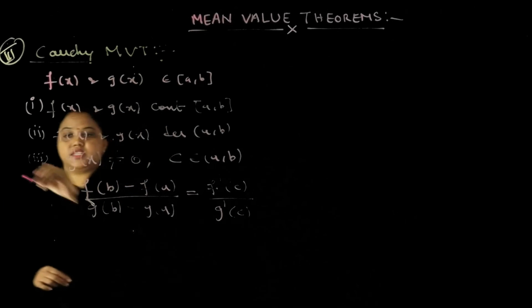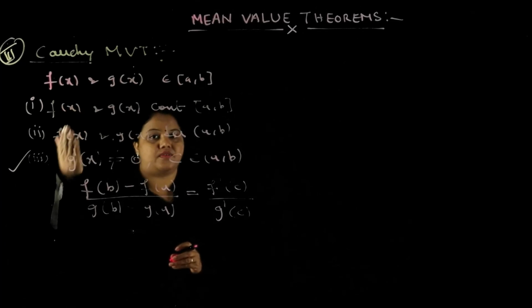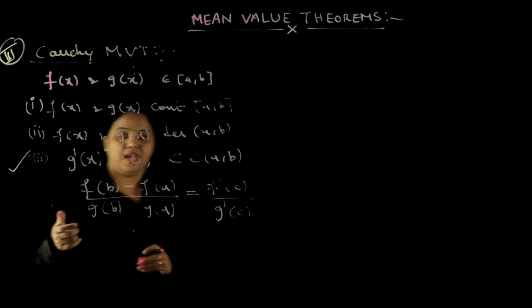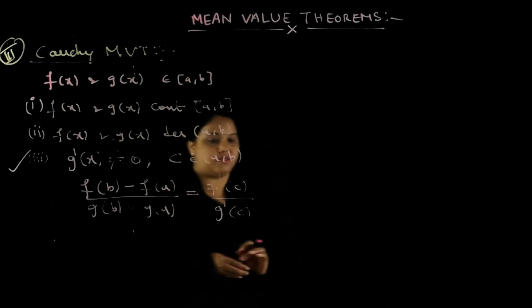So this is the third condition which is varying in the Cauchy mean value theorem. Observe that f of x and g of x should be continuous, should be derivable, and g dash of x should not be equal to 0. This is the third statement that we have to see.